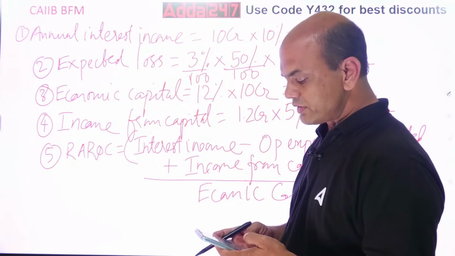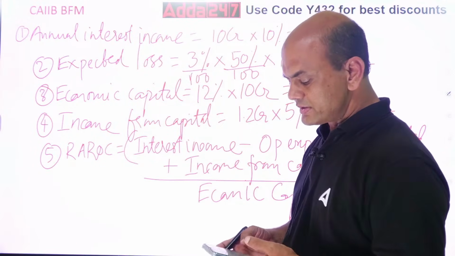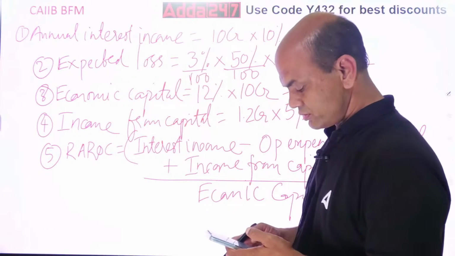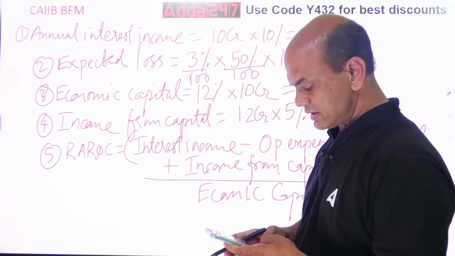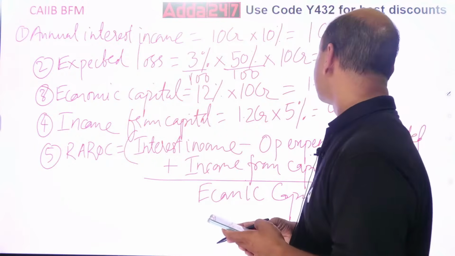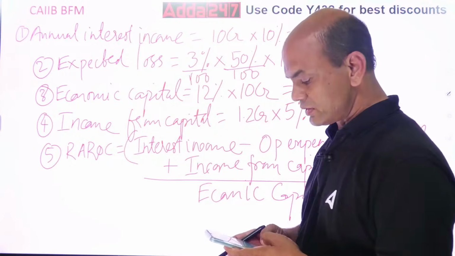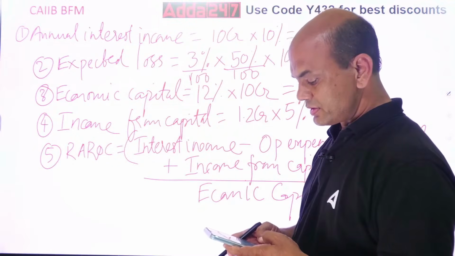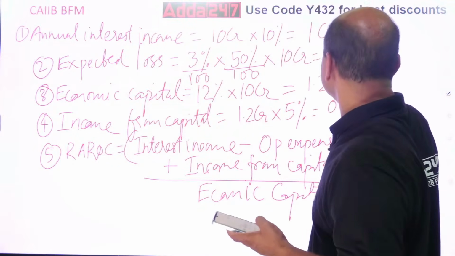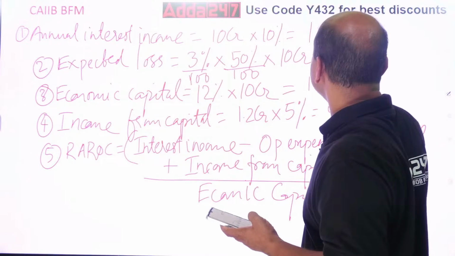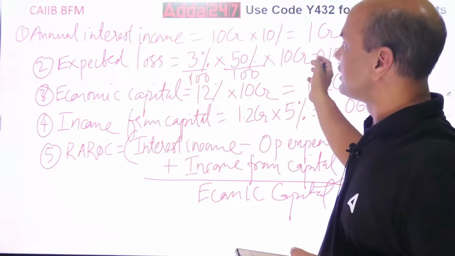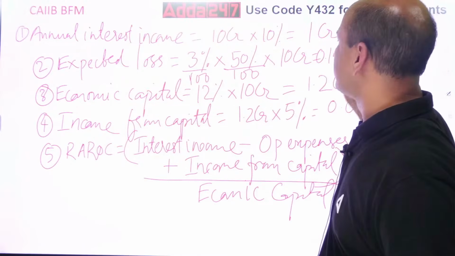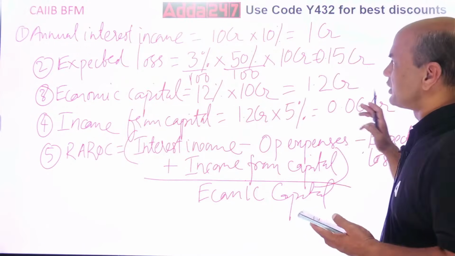So 0.015 into 10 CR. Let's keep it in CR only. So 0.15. That's what I was also wondering: how come you were getting 15 as the loss? So 0.15 CR. Got it everyone?